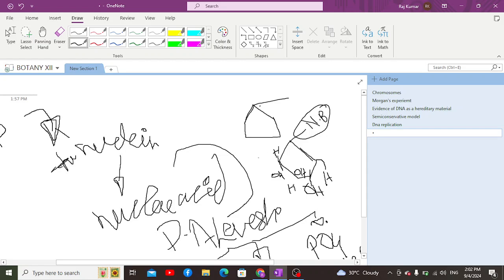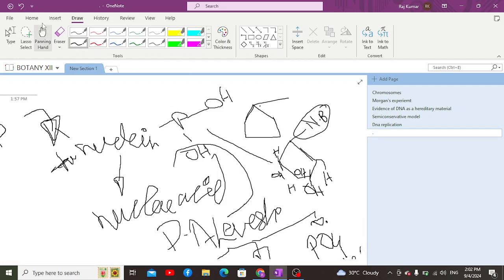Now, over here, the fifth carbon is attached with the phosphate group. It is attached with the phosphoric acid actually. The correct word would be phosphoric acid. This is how the structure looks like, with OH.